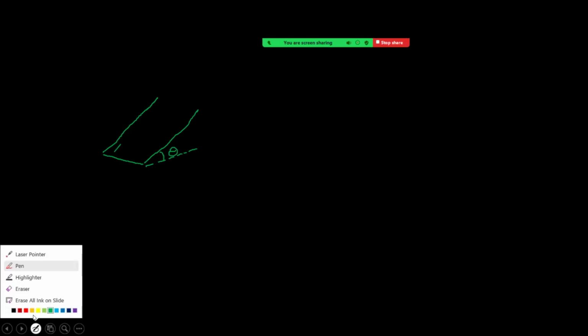This is making an angle theta, and the given field is vertically up, and the wire slides down with a constant speed, or we can say constant velocity. Now see what we can say.